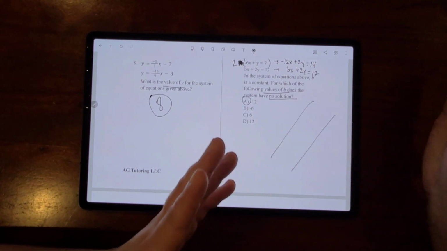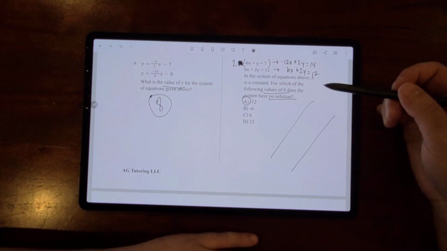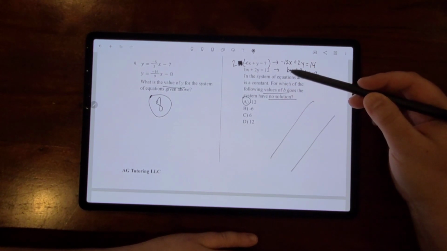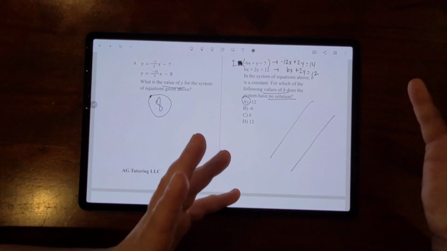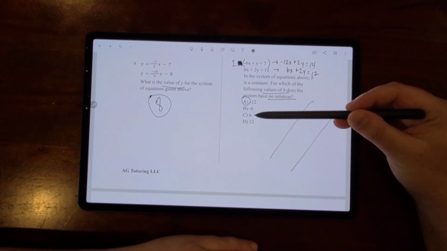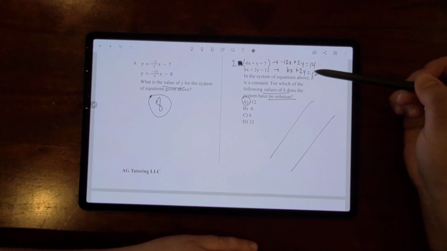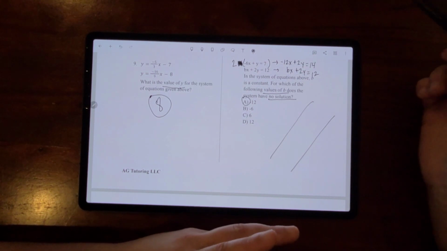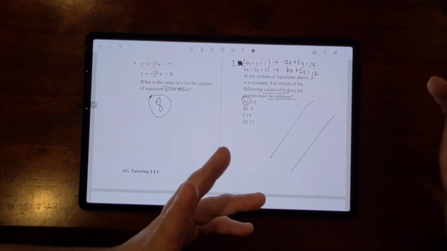You just have to see that there's nowhere they're crossing. There's no point that works for both. You would see that if you plug in negative 12 here and graph both of these equations, they never touch, they never intersect. But if you plugged in each of these other values for b, like the equation negative 6x plus 2y is equal to 12, and then plugged in the top equation as well, you would see that those do cross.